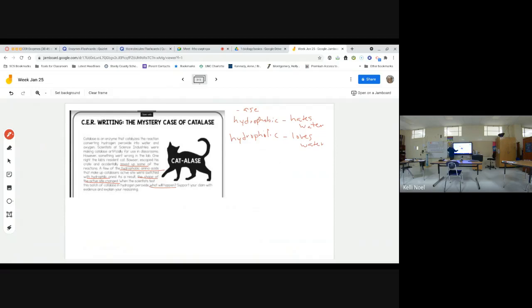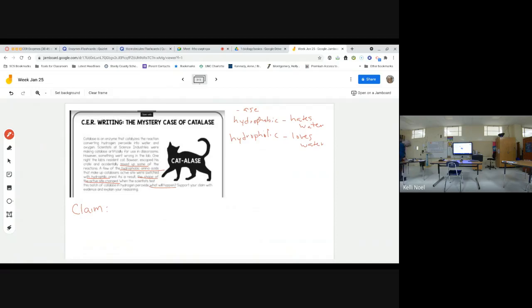So it says, what will happen? Well, we need our claim, and you don't have to type the word claim. You can just type the sentences, or you can type it like this if you want. So if some of them are denatured and some of them are okay, what's going to happen?